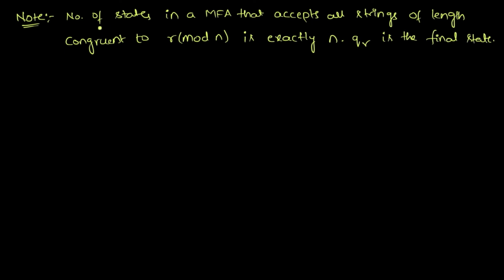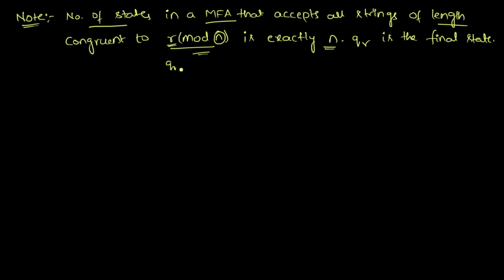So from the previous examples, we can see that the number of states in a minimal finite automata that accepts all strings of length congruent to r mod n is exactly n. So whenever you are asked a question like the number of states in a minimal finite automata where each string is of length r mod n, you can blindly say that there are n states and the final state will be Qr.